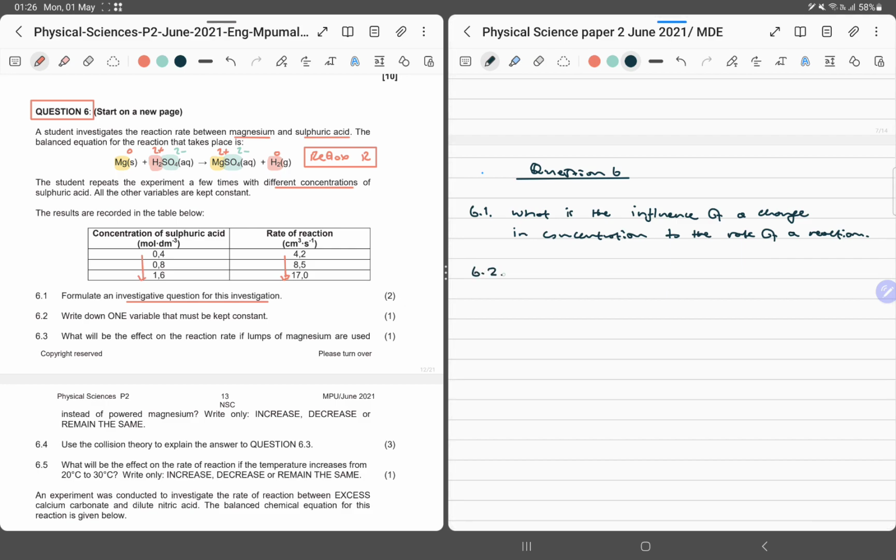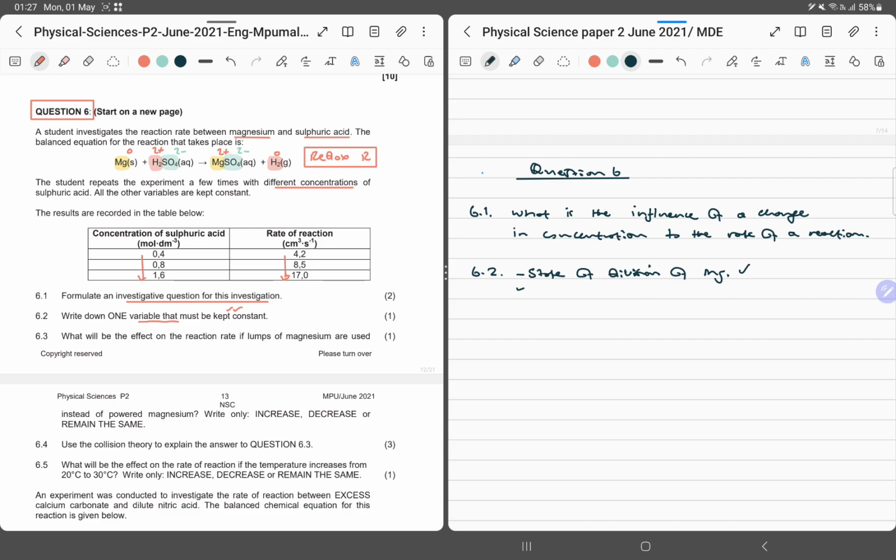So 6.2. The question says, write down one variable that must be kept constant. Obviously, there's a lot we can think about. We can think about the state of division of magnesium. That's one, but name one, don't list them.